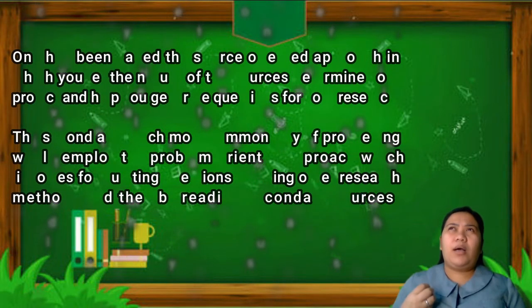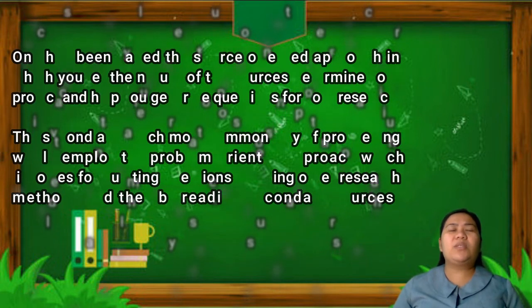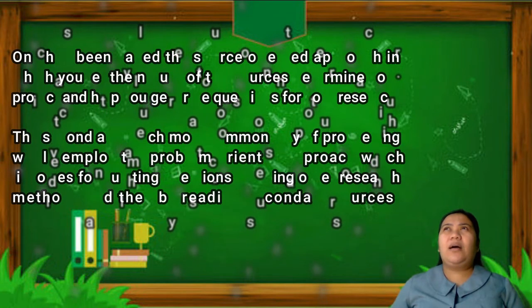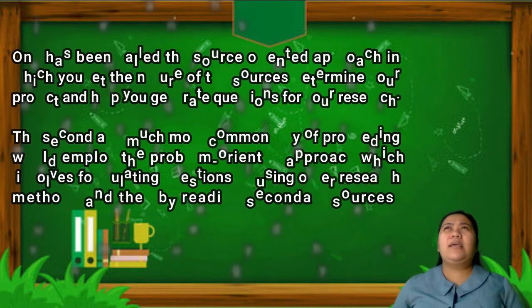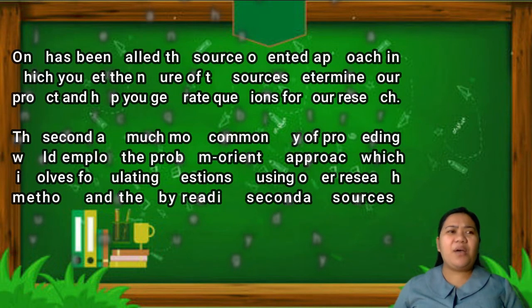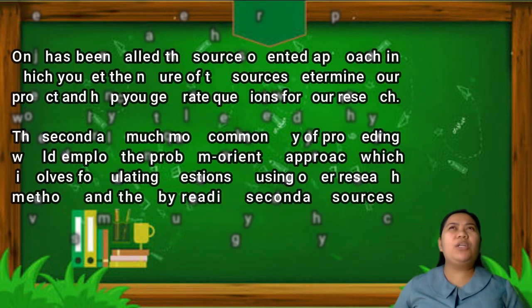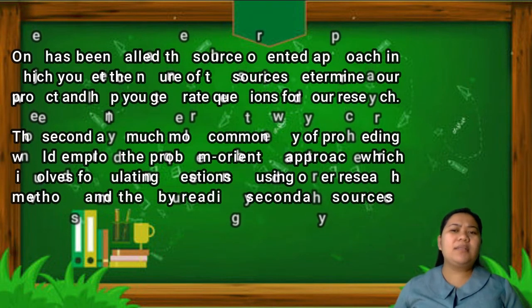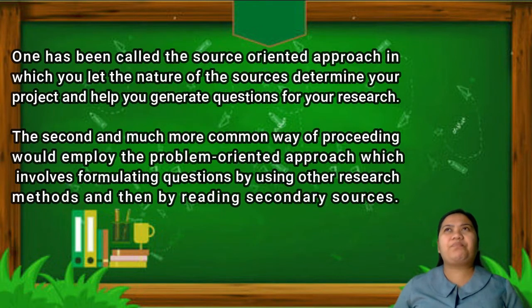So we speak of the first approach, the source-oriented approach, wherein the author should be well informed and should have enough information about the population, the problem, the environment, the habitat of the study that he wants to be part of.